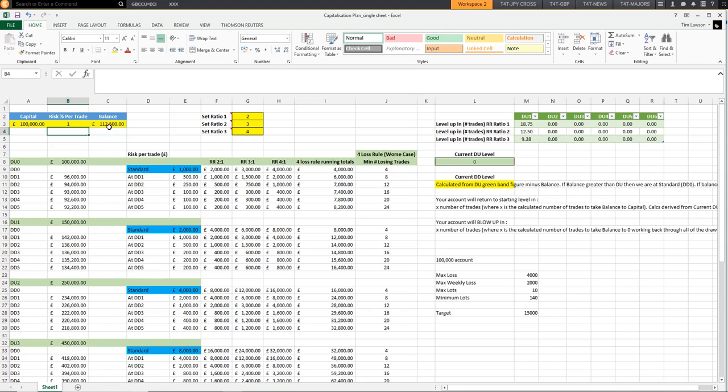So it allows a student to keep track of their existing balance and where they are in relation to the next draw up level, and what they should be doing in order to manage their capitalisation, to hopefully stop them exceeding a maximum loss or maximum weekly loss, but keeping them in the game, in terms of, yes, you've still got plenty of chances, plenty of trades to be made. Just from my point of view, I think that's fairly important.